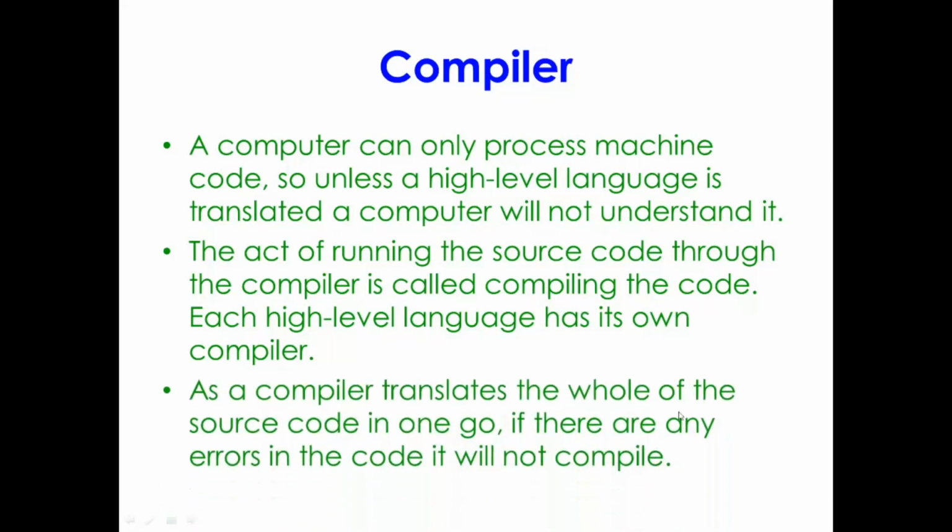A compiler translates the whole of the source code in one go. It means it will not translate it instruction by instruction, but the compiler takes the whole program and translates it into machine code. If there are errors, then the program will not be compiled and you will get errors on the screen.